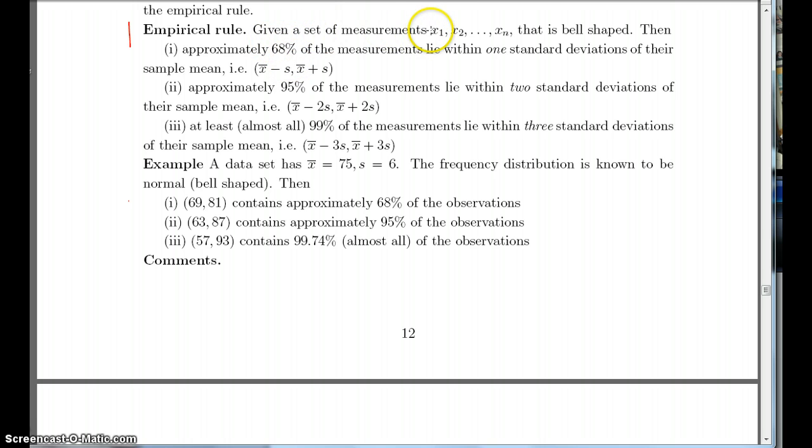So if I have a set of measurements which is represented by x1 up to xn, and again this can be a sample or a population, it works equally well. Then we say approximately 68% of all measurements lie within one standard deviation of the mean, which means in this interval, x bar minus one standard deviation to x bar plus one standard deviation, we have 68% of the measurements.